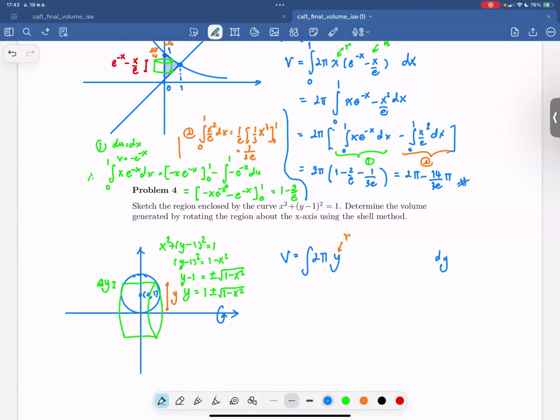For the height, you have to take the function of the right hand side of the circle minus the function of the left hand side of the circle.